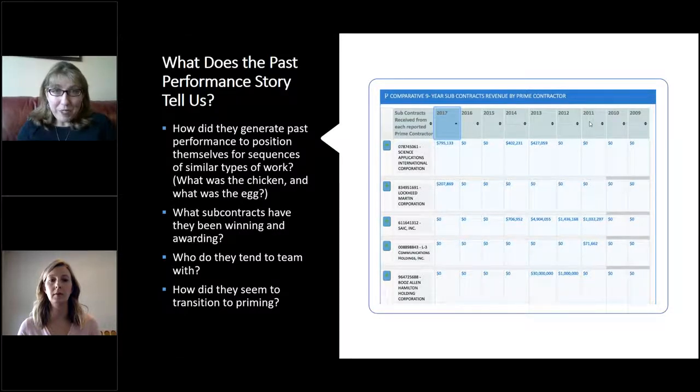Or SDVOSB is pretty much got the same benefits as the 8A now, or HUBZone. And you essentially could do the same thing. So that's why they put those vehicles there, because that's a way to get to them. Even as a sub, yes, the prime is going to have a cut probably from that task order, but you are actually going to get the bulk of the work, and this customer is going to get that contractor one way or another. I hope that answers your question.